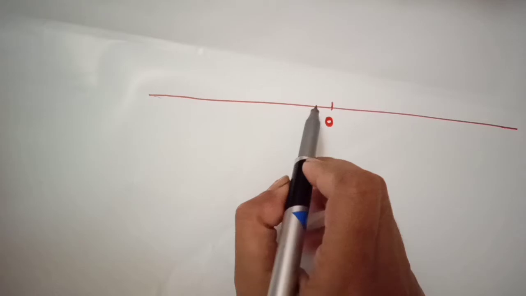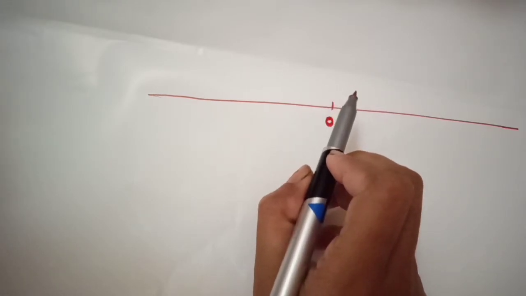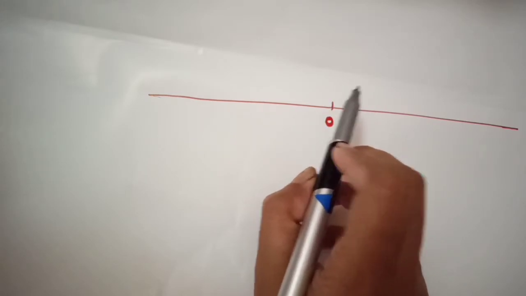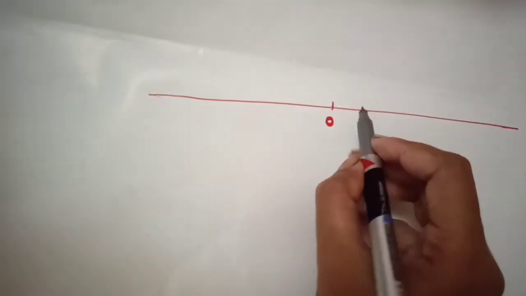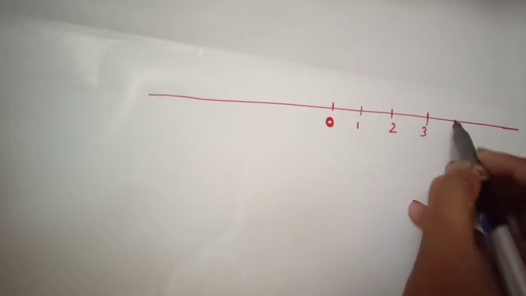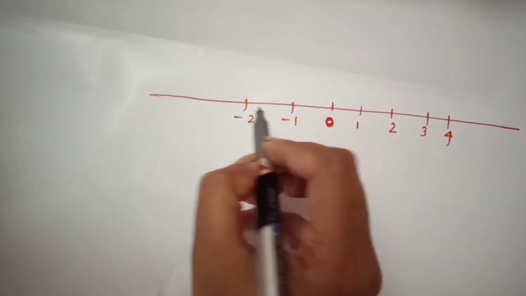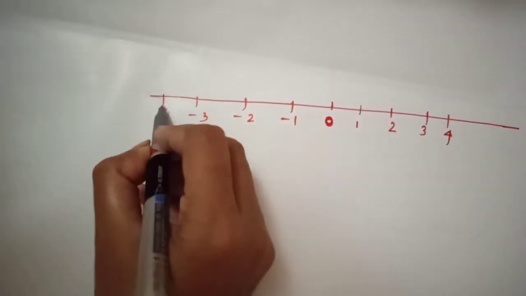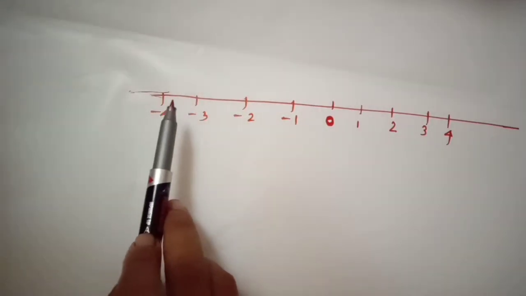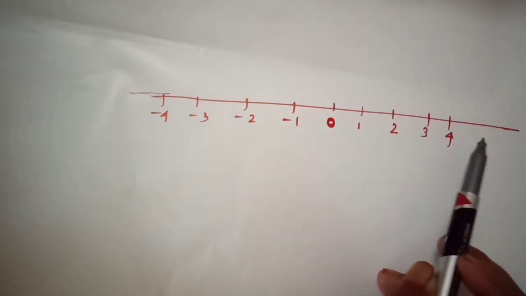They thought every number is a geometric object and they marked points at equal distances, like 1, 2, 3, 4, and so on, and -1, -2, -3, -4, and so on. Integers can be marked as points on the horizontal line.